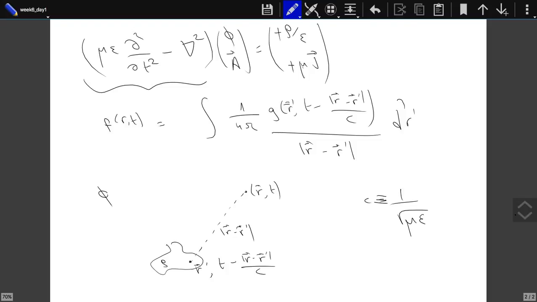But rather than taking that route, your book has taken the route of just stating the result and then proving that it is the solution. Now I will follow your book, but you can actually derive this result. Now let's see.